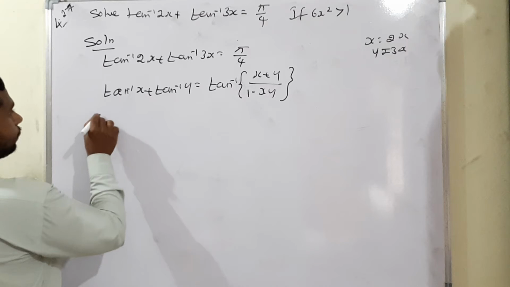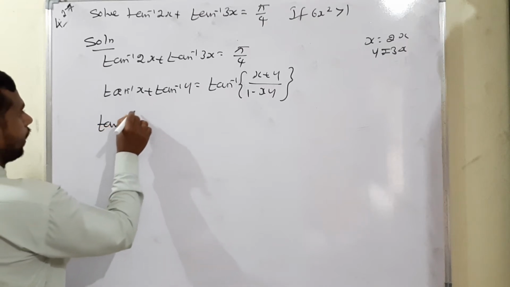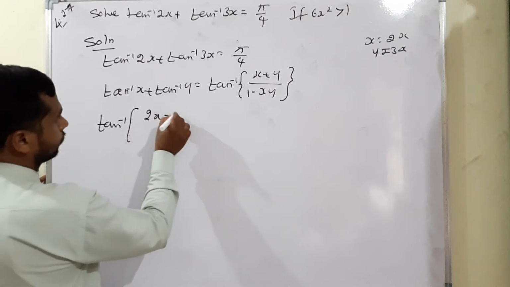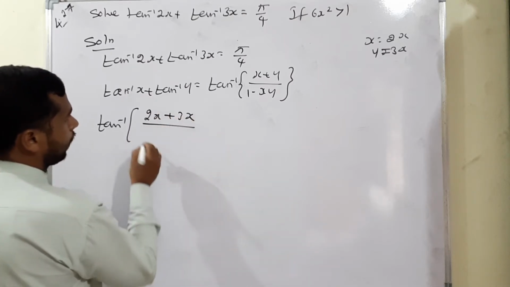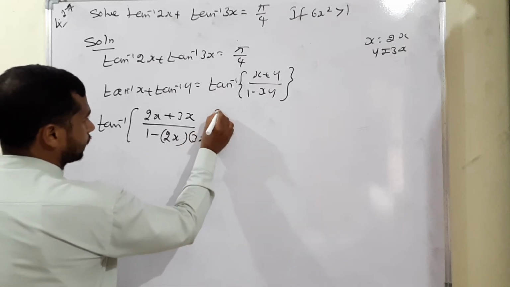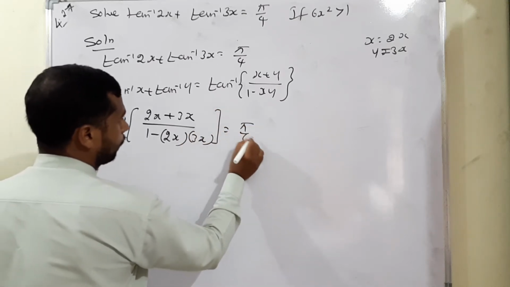So now tan inverse of 2x plus 3x divided by 1 minus 2x into 3x is equal to pi by 4.